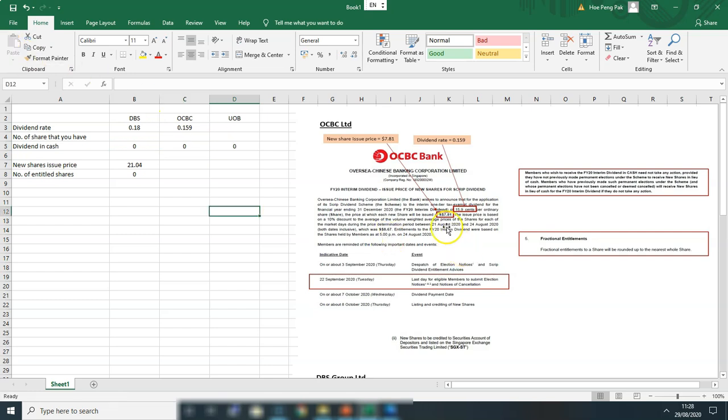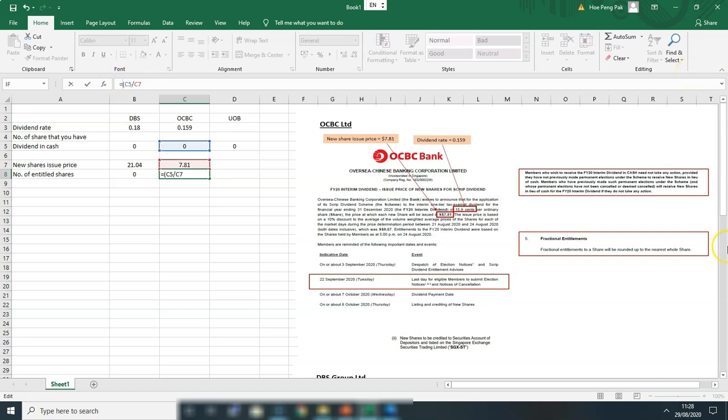And again, the new share issue price will also be told to you. It is based on some stipulated date which has been pre-arranged before. So in this case, we get $7.81 per share. And of course, the total number of entitled shares would be the dividend in cash divided by the new share price. Now again, there may be a possibility that we get into fractional entitlement.